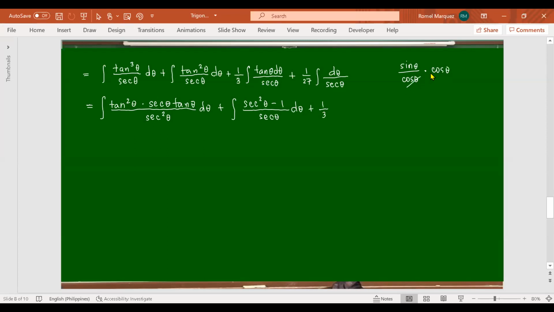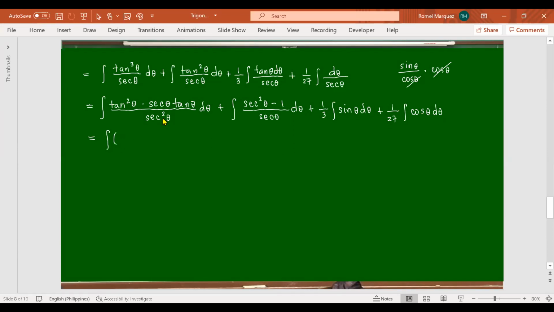This is cancelled out. What is now the remaining? It is simply sine theta. See? Sine theta in other form is this, no? Plus 1 over 27, guys, and this is integral of cosine theta. Almost everything is ready for integration.